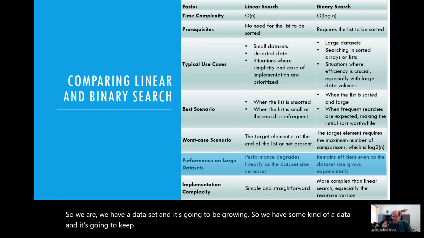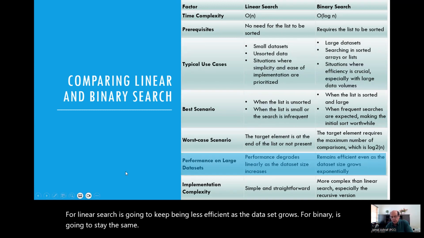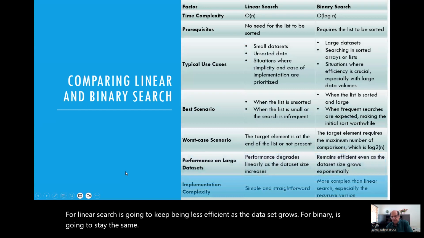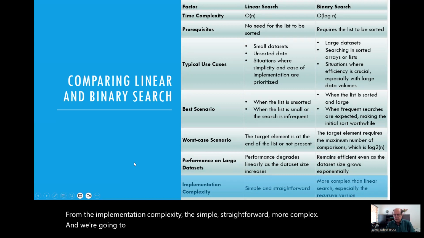For linear search, it's going to keep being less efficient as the data set grows. For binary, it's going to stay the same. From the implementation complexity, linear is simple and straightforward, binary is more complex, and we're going to be looking at the recursive part of these two.